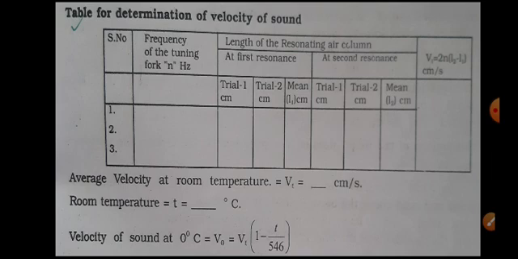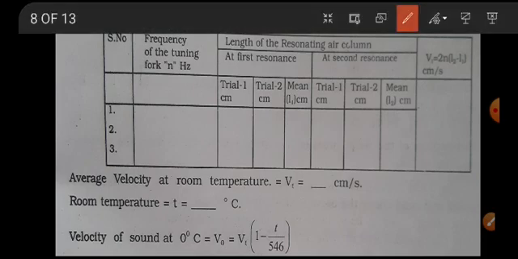So first, in tabular form, you take the first frequency, for example 284. The first length is 18 and the second trial 18.2, and the mean is 18.1. For trial 2, 57, 58, mean 57.5.